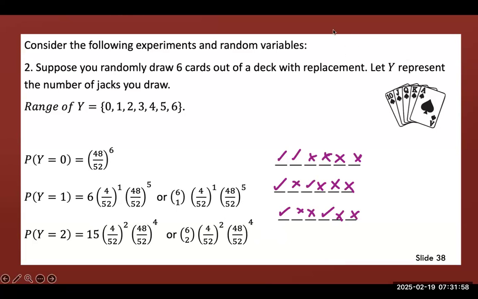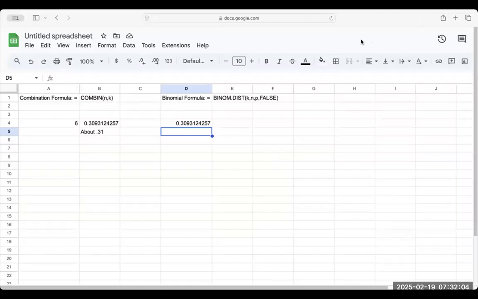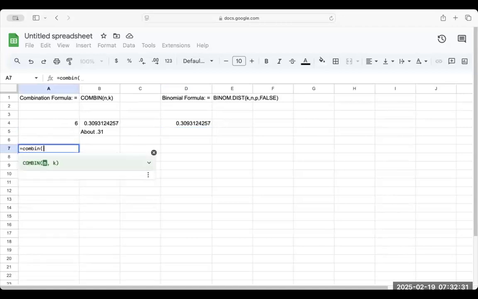So I'm going to go back to the Google Sheet. Okay, and down here, just somewhere over here, I'm going to put the combination formula, which was equals combination 6 comma 2, and I get 15.